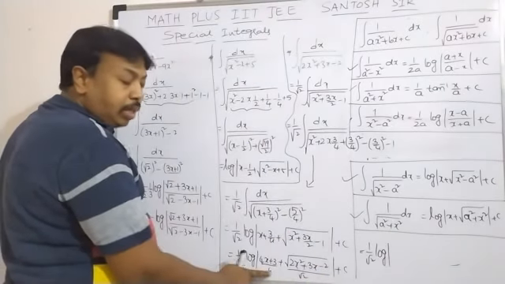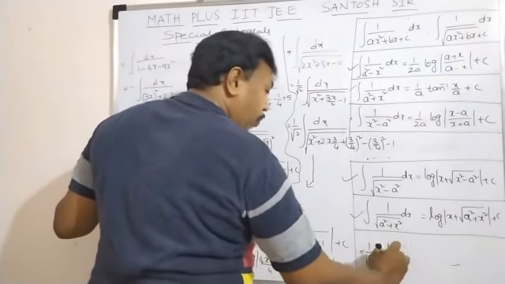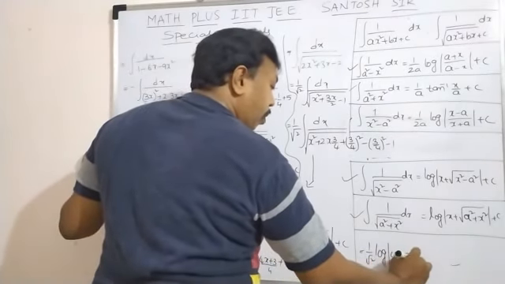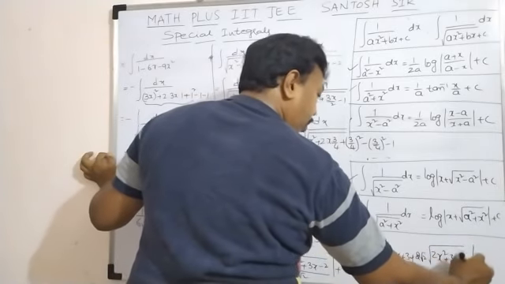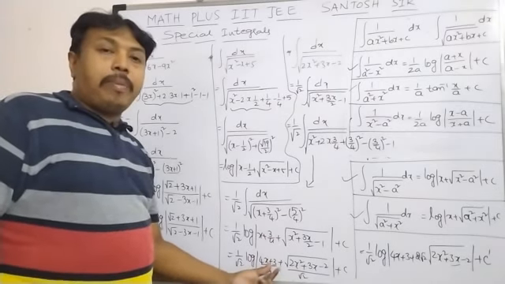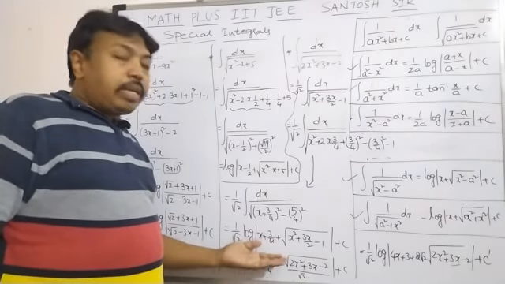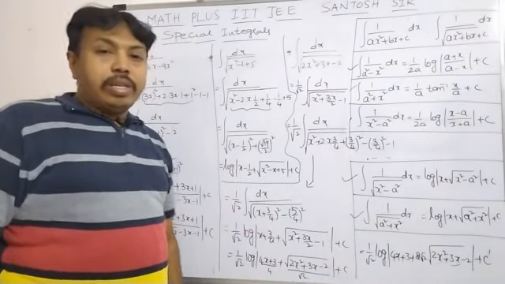If I take LCM it becomes 4, we should multiply with 2 root 2. So here 4x plus 3 plus 2 root 2 into under root of 2x square plus 3x minus 2 plus, here I am taking c dash, because this constant, log m upon log n, can be written as log m minus log n. The denominator term is entirely constant, so that will be added to c. The resultant I am taking as another constant c dash.